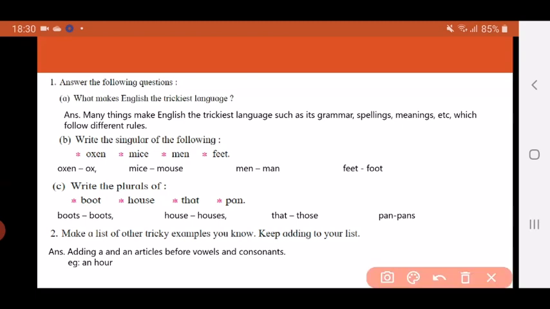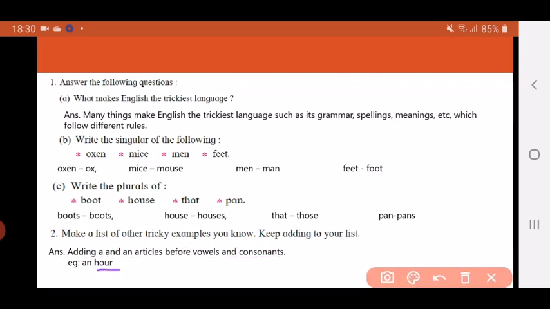When we studied articles, adding a and an articles before vowels and consonants. So the rule is, when it is starting with a vowel, we add an. And if the word is starting with a consonant, we add a article. But again this rule changes over here.